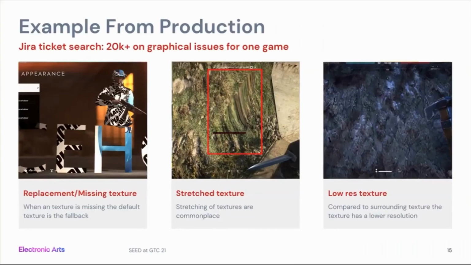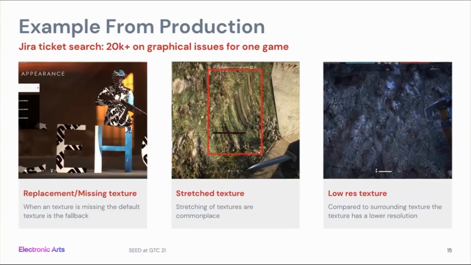This is a Jira ticket search for one of our games, and it leads to more than 20,000 graphical issues found by human playtesters. And the majority of these is displayed here. Either you have a replaced or missing texture, and it is as it sounds, the texture has gone missing.